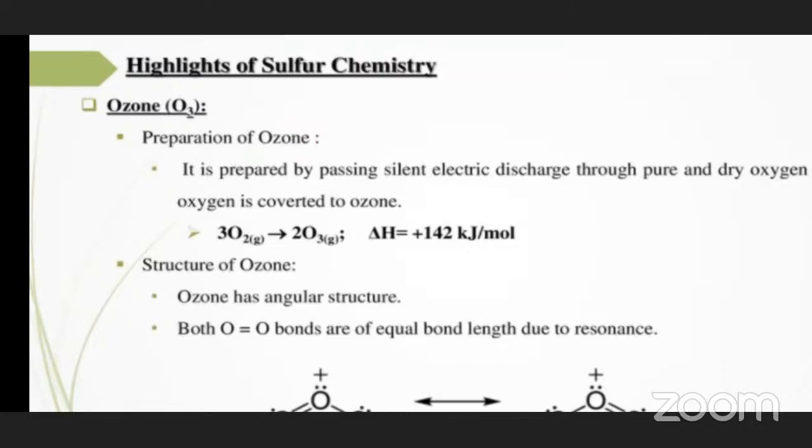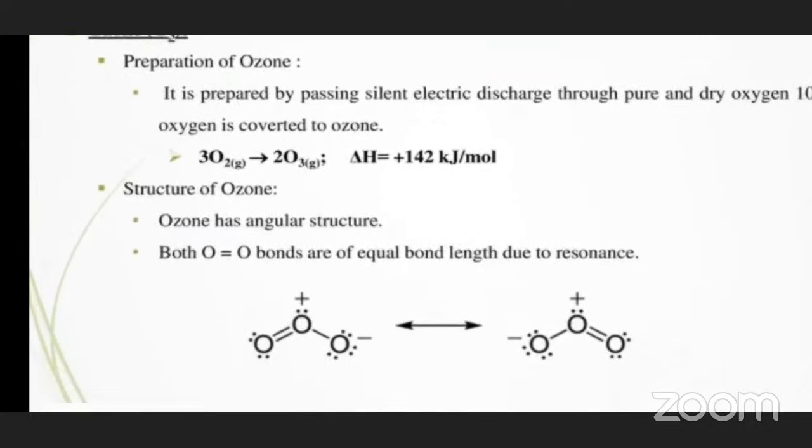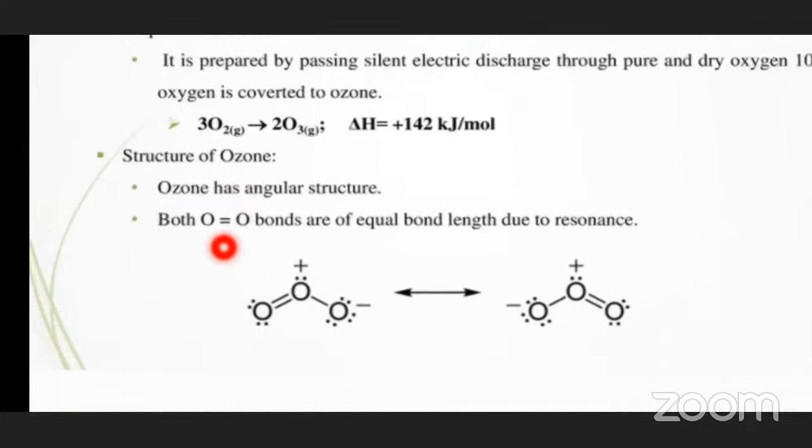Now, structure of ozone. Ozone has an angular structure. Angular means it looks bent, a little bent.